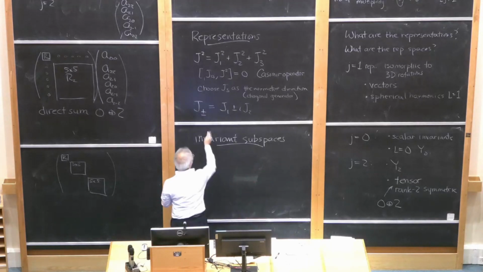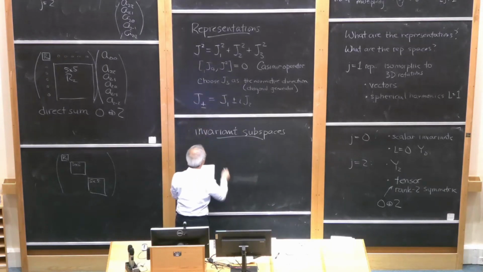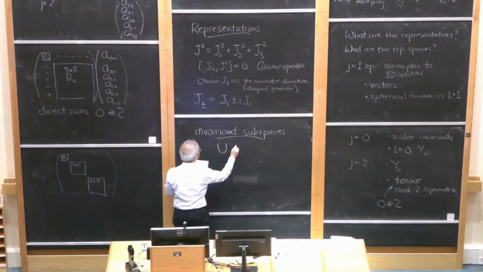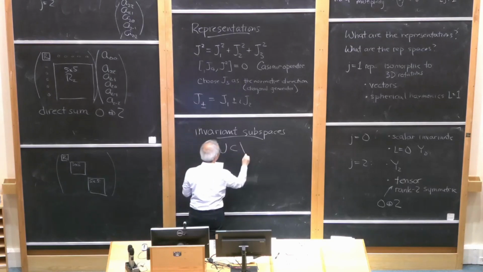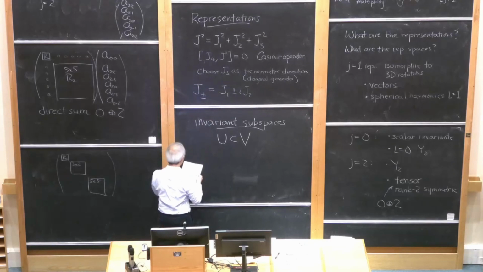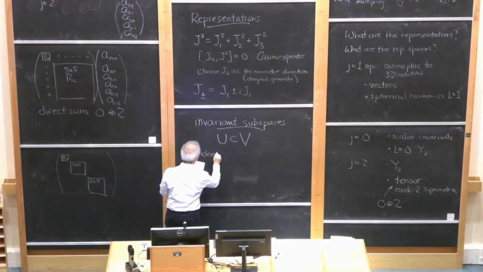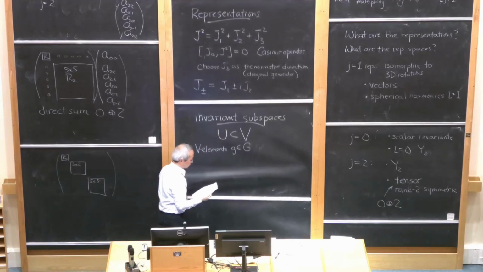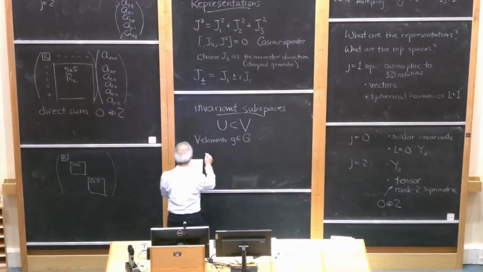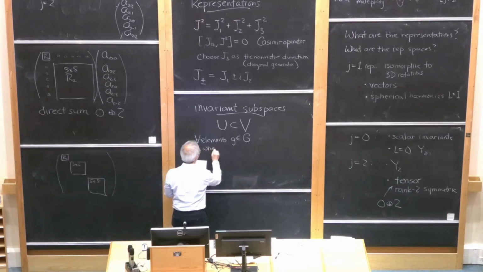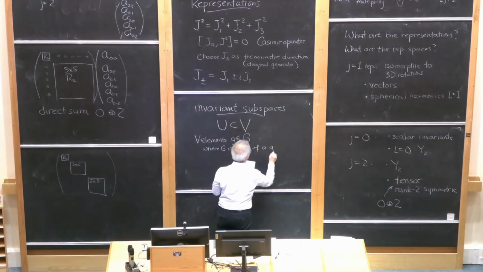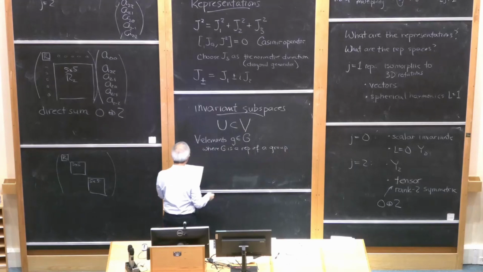So let's say you had a vector space V and a subspace U. Then you say, let's say for all elements G in that group, where G is a representation of some other group. So minor little qualification there.